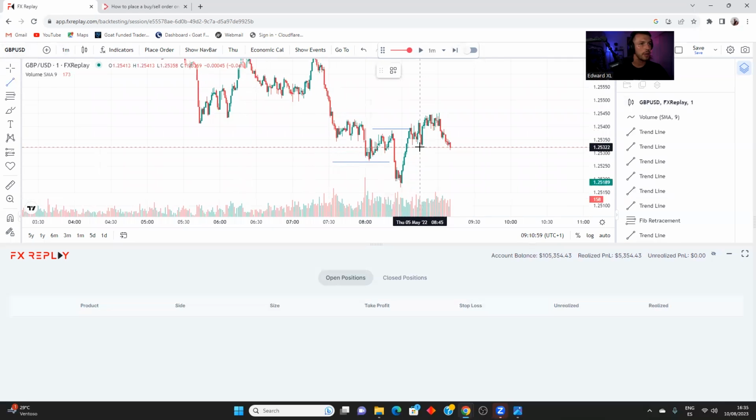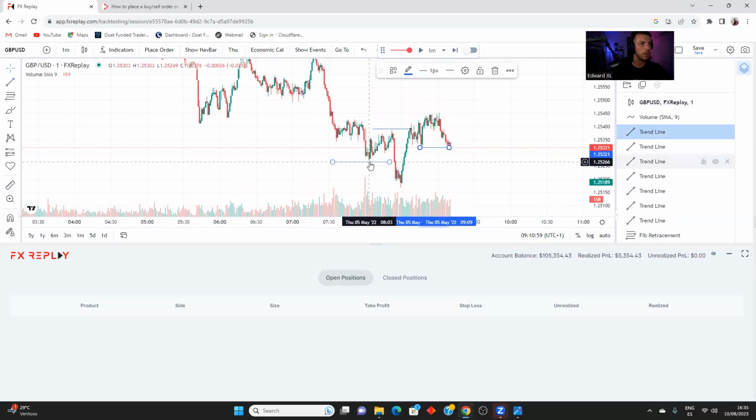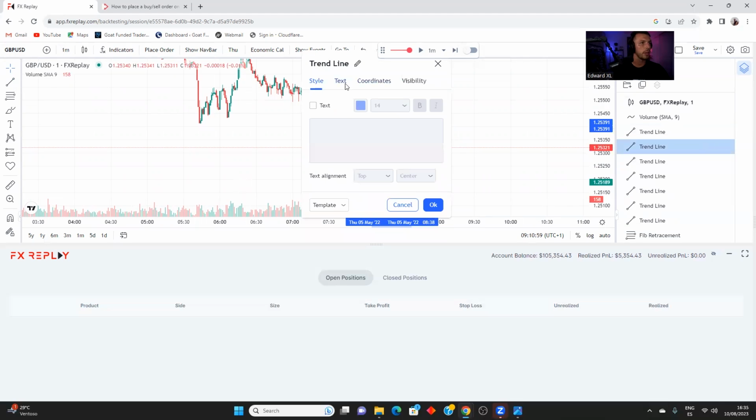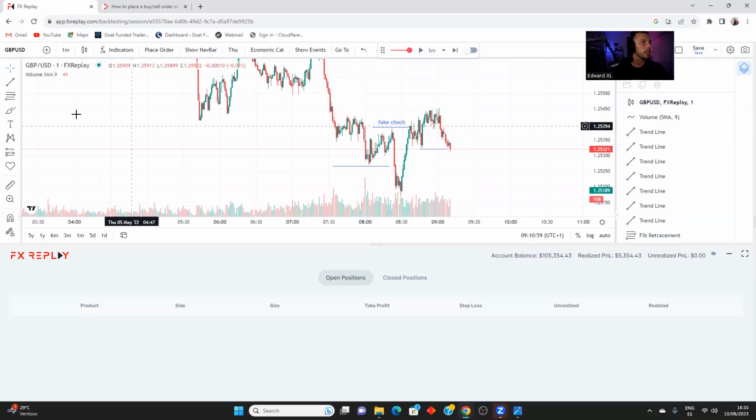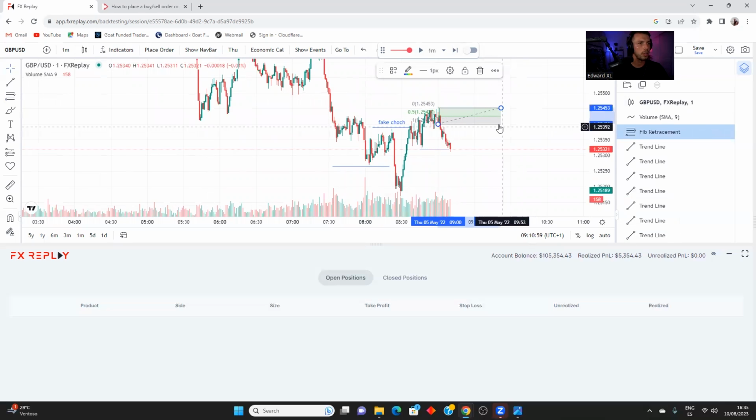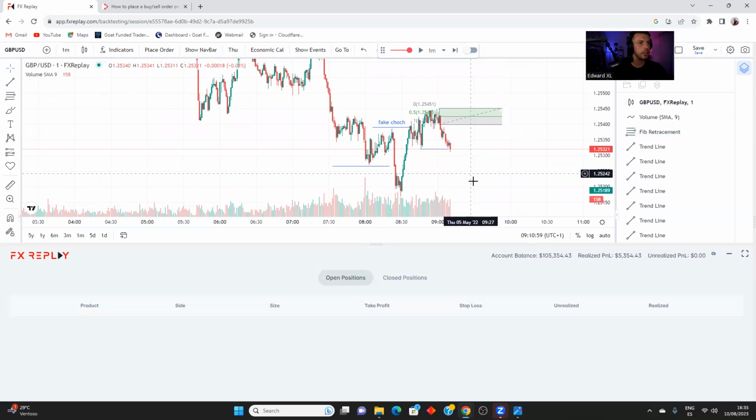Here we break this area. So I usually mark this out as fake change of character. Right. And I will look for sales. I will actually enter sales if this area is reached.